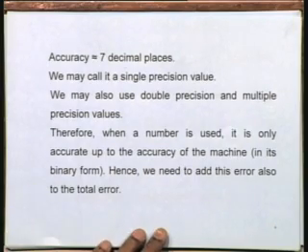Therefore the computer is automatically introducing an error which is the machine epsilon. So the accuracy of the machine is being included. In the previous slide we had written the total error plus other errors. Now the total error will include this error which the computer is automatically making while converting a number into its binary form.